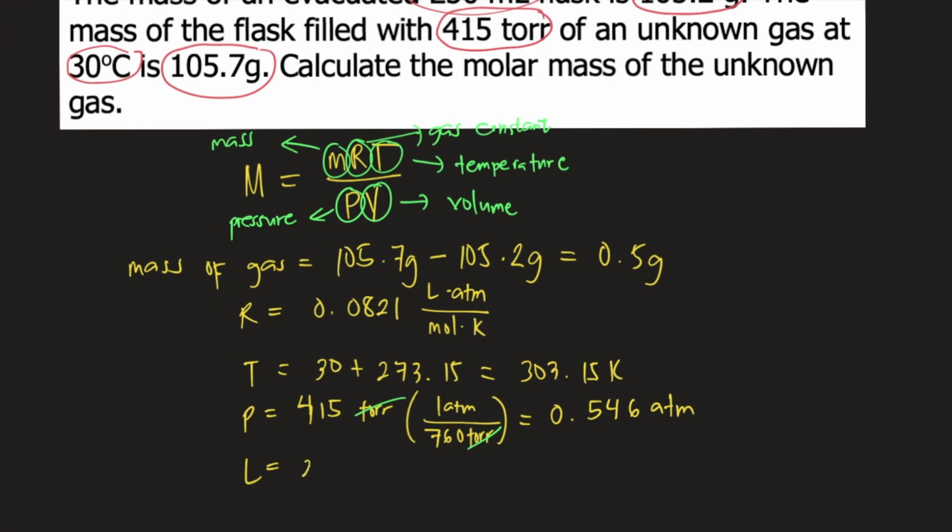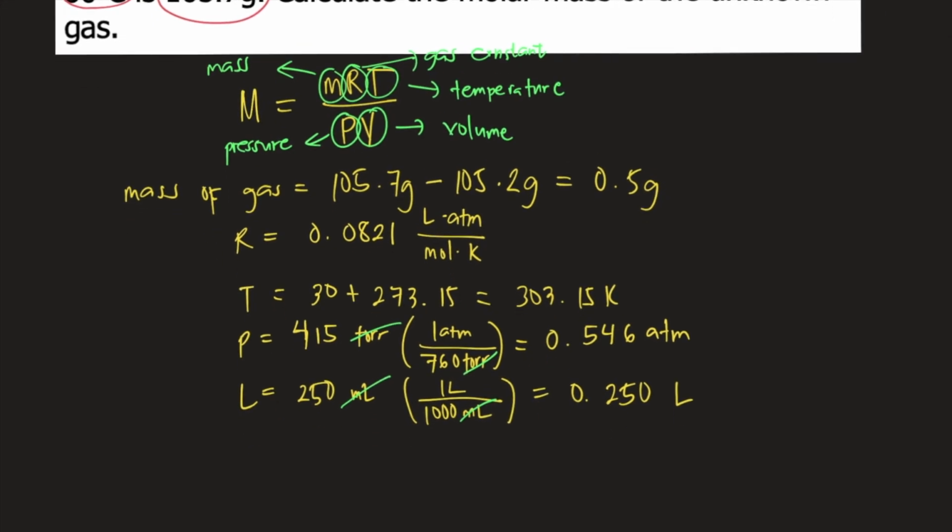So 250 ml, we know that 1 liter contains 1000 ml. So ml would cancel and that is equal to 0.250 liters. Now that we have every value needed for the calculation, we can calculate the molar mass.